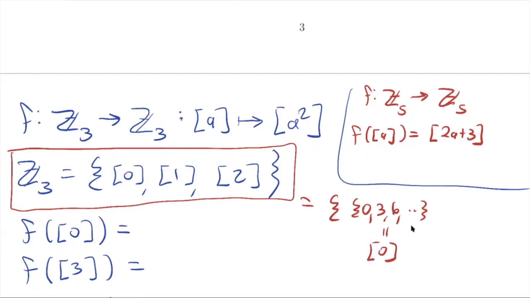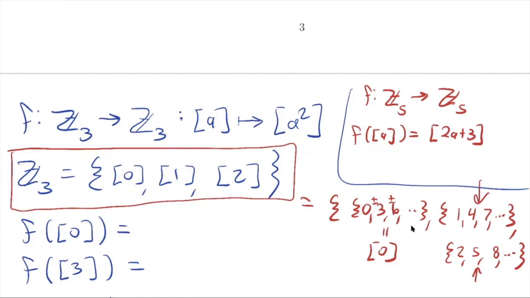You could put plus or minus in front of those. The equivalence class for 1 would be things like 1 and 4 and 7 and so on. Basically we're dividing all of the integers into 3 sets: all of the things that are divisible by 3, all of the things that have remainder 1, and all of the integers that have a remainder of 2 when we divide by 3.